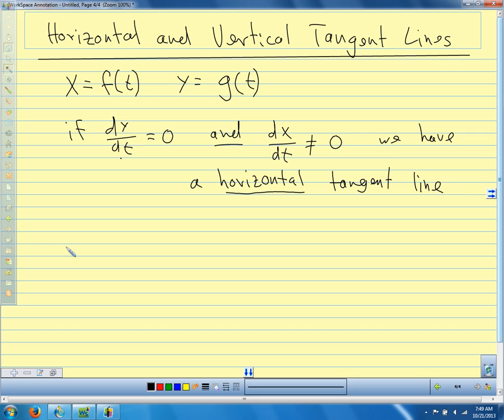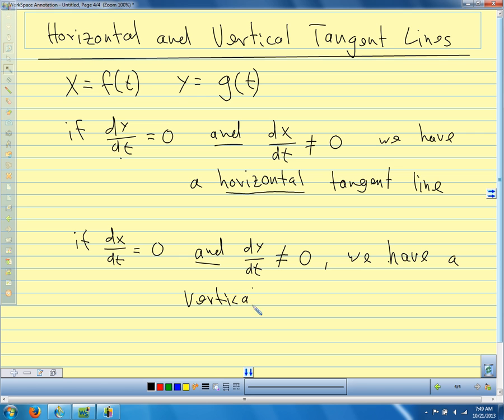And then I switch things around for a vertical tangent line. If dx/dt equals 0 and dy/dt is not 0, so I think of it, x has stopped changing, but y has not stopped changing.